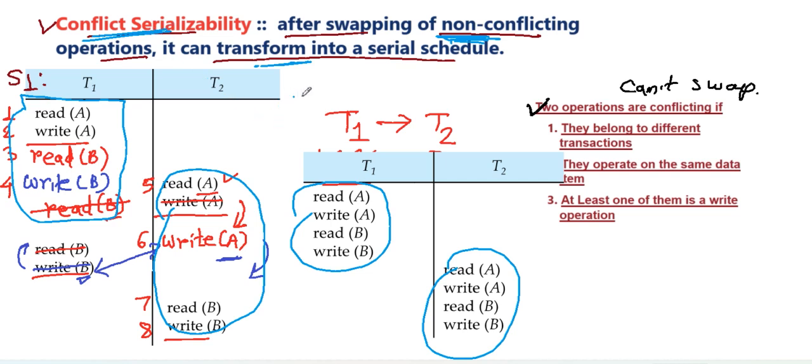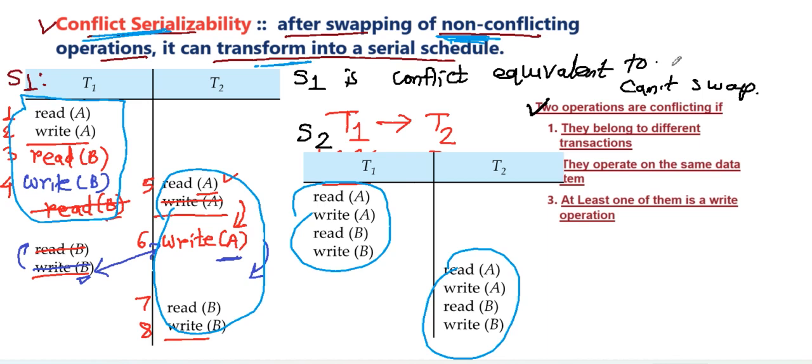Suppose we give this new schedule the name S2. S2 is a serial schedule, and S1 is conflict equivalent to the serial schedule S2.